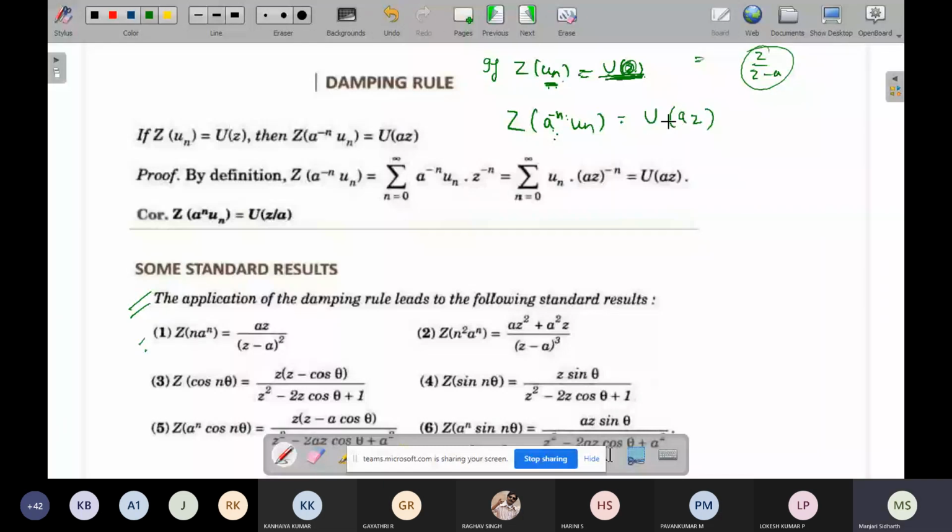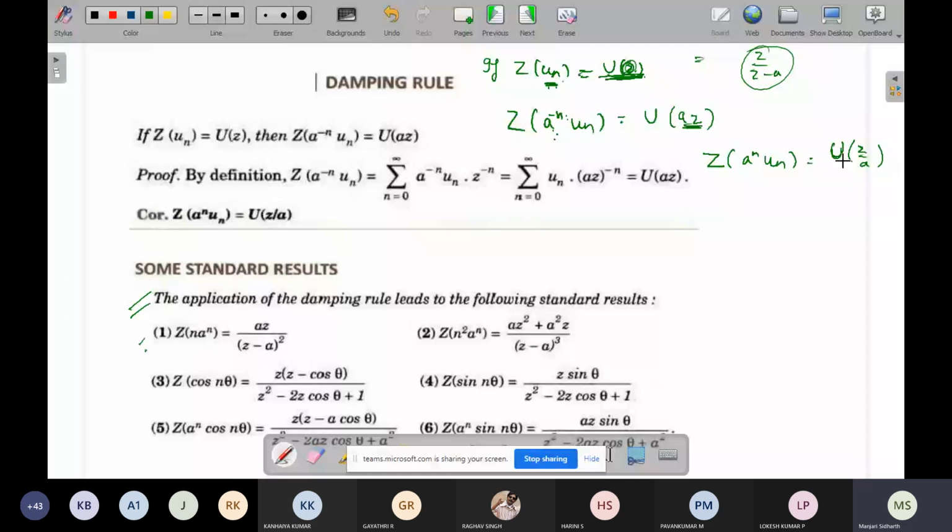When it is a positive power, then this z will be replaced by z over a.